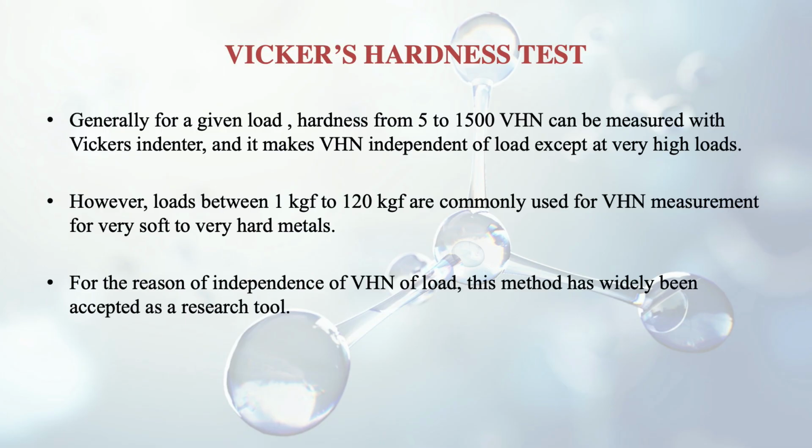For the reason of independence of VHN from load, this method has been widely accepted as a research tool. So as earlier told, various kinds of loads in this method can be used in a continuous manner. So it's a very good point and it can be used as a research tool.